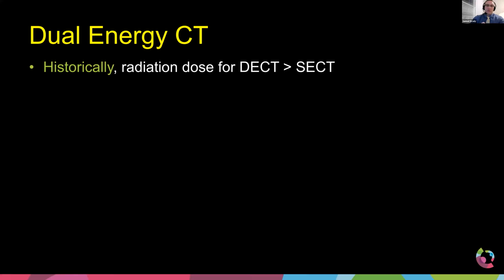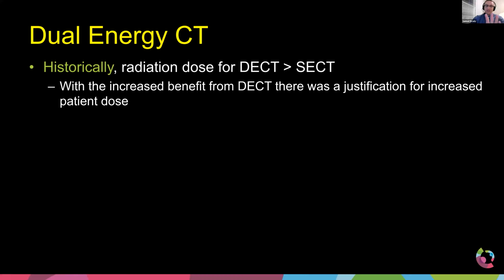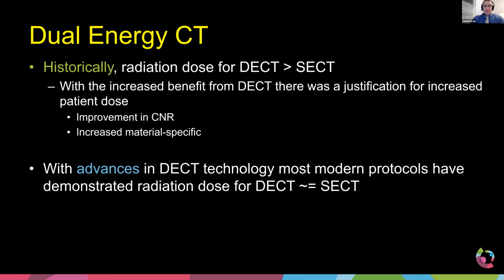And for the most part, we said that because there is more information in dual energy, improved CNR, improved material specification, therefore we can justify using higher amounts of radiation in patients just because we're getting more information. Now, with the advances in the dual energy CT technology, on the most modern CT scanners, the radiation dose output for dual energy is basically the same as single energy.